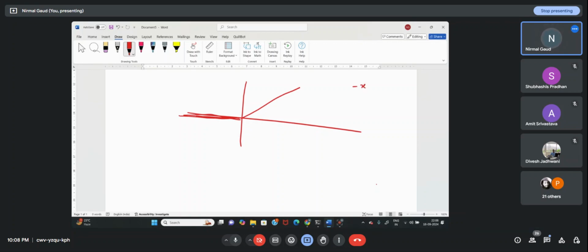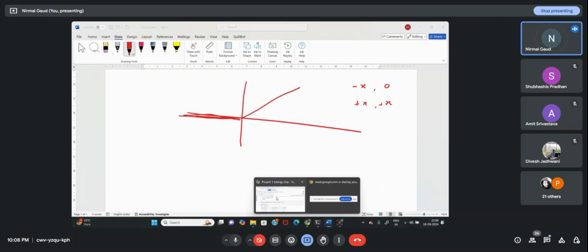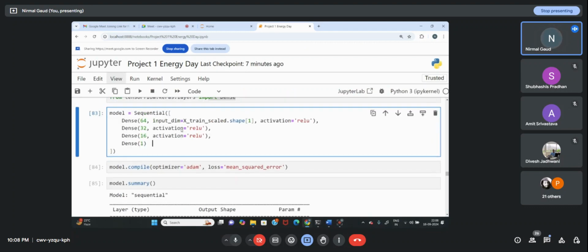If you have a minus value, output is 0, and if input is positive, output is the same, positive. This is what ReLU does. So I'm using the ReLU activation function here. Okay, my architecture is over.